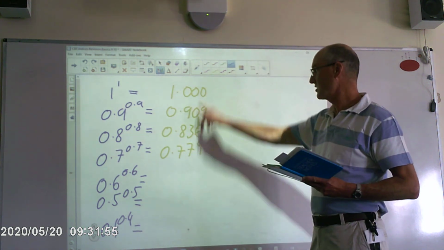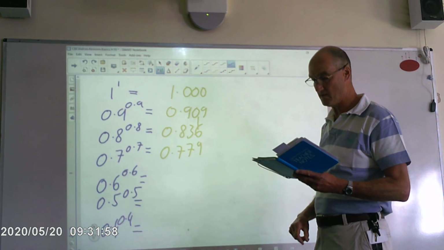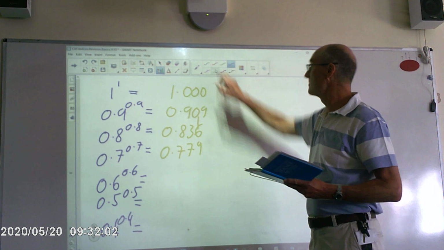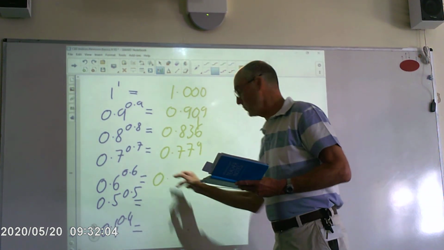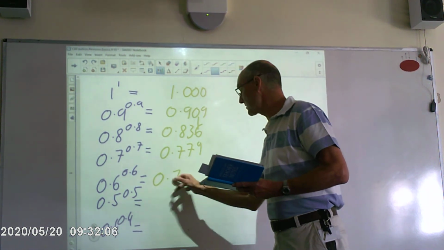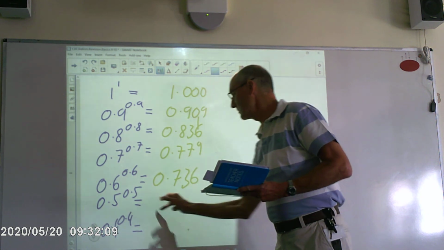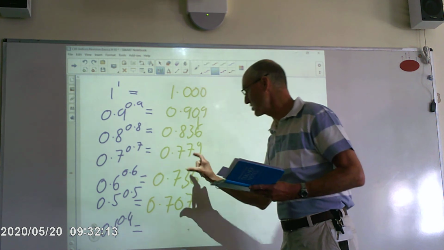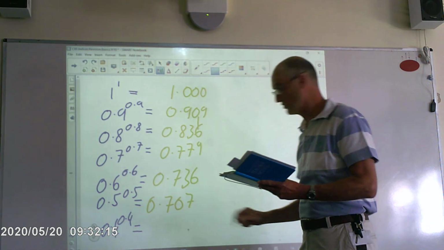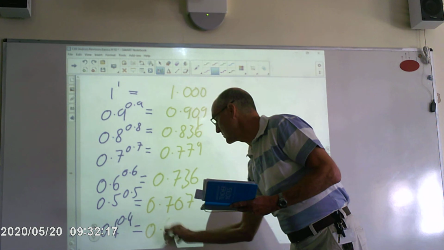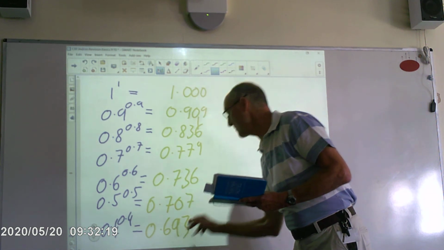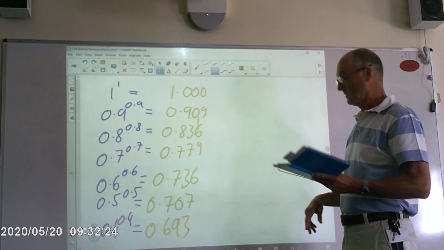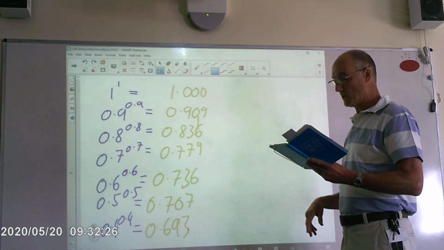So work those out on your calculator, 3 decimal places again, and let's see where that takes us. 0.736, 0.707, definitely slowing down that difference. 0.693, now it's very, very minimal difference between each of these numbers. So let's go on.